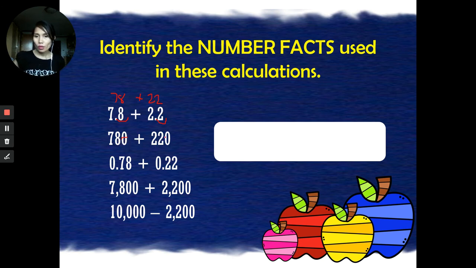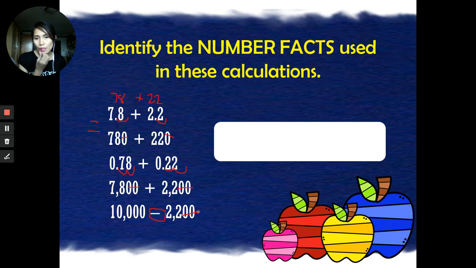Remove 1 zero here, remove 1 zero here. 78 plus 22, correct? The same. How about here? We move the decimal points 2 times. 1, 2. 1, 2. So we get 78 plus 22. The same, right? Now here we have 2 zeros, remove 2 zeros. We have here, in this case, it's already minus.